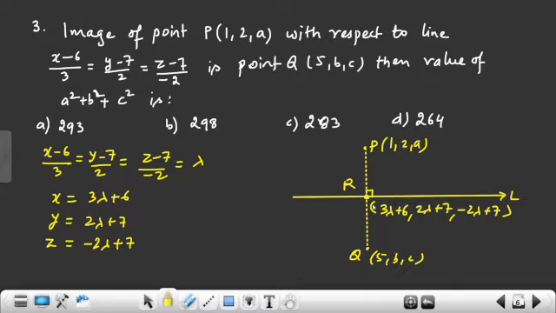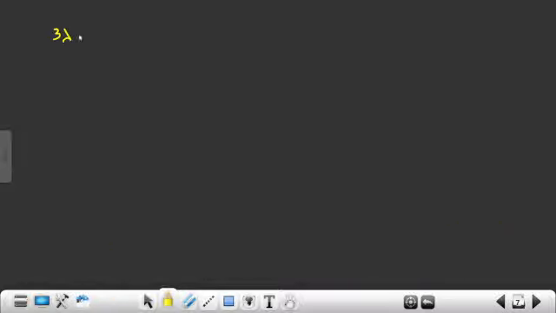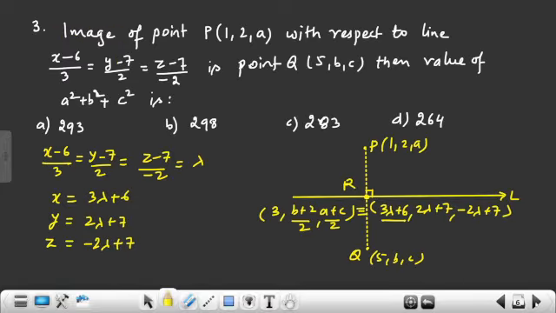Now I got the coordinates, but I can also calculate this by using the midpoint formula, right? 5 plus 1, 6 by 2, 3, B plus 2 by 2, and A plus C by 2. Now let's compare because they are both the same point. So 3 lambda plus 6 equals 3, correct?